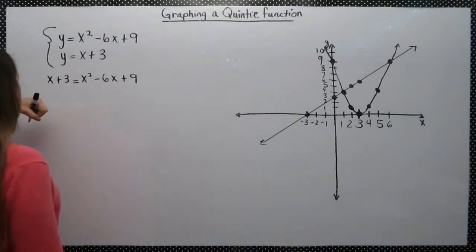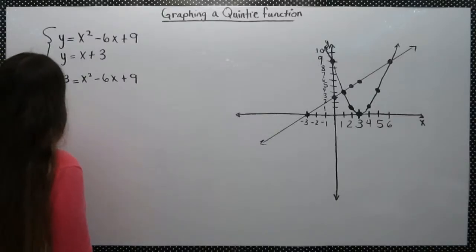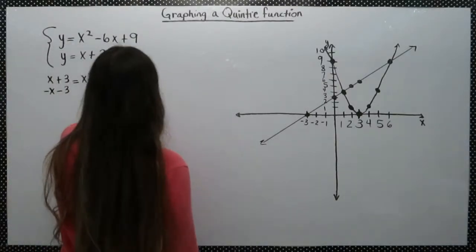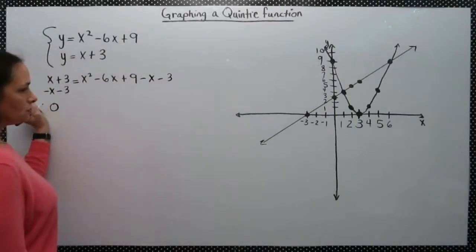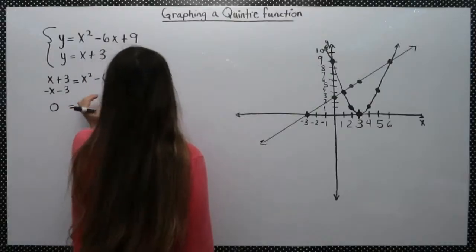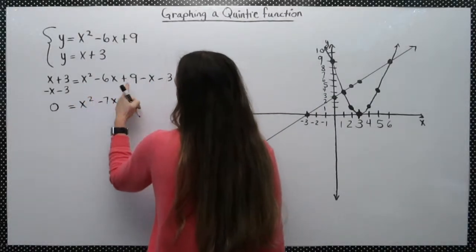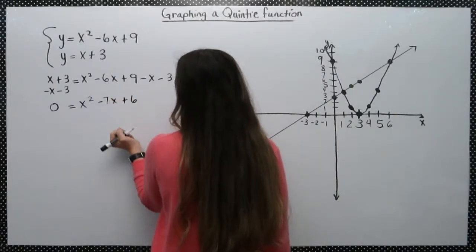So that's essentially what I will do. So I will say minus x minus 3, and then minus x minus 3. And you get 0 equals x squared. And then combine your linear terms. That's negative 7x. And then 9 minus 3 is plus 6.